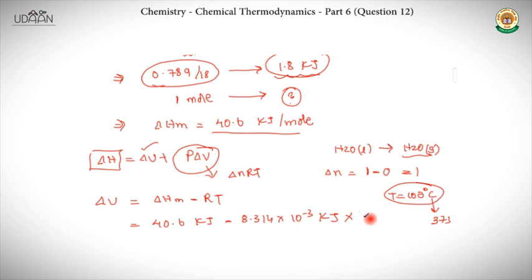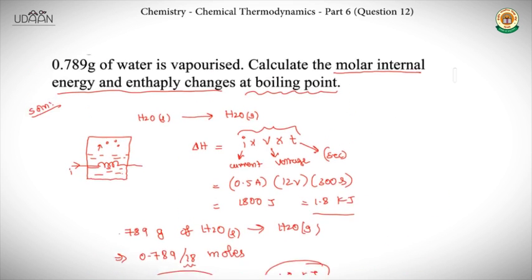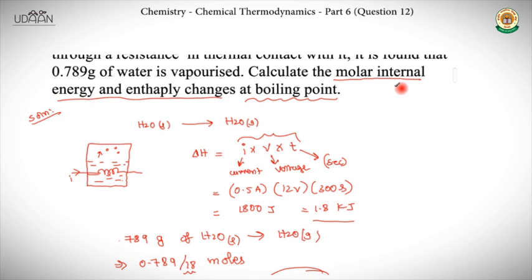So into 373, this gives us 37.5 kilojoules per mole. So this is the change in internal energy, the molar internal energy at boiling point.